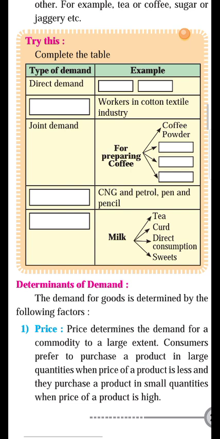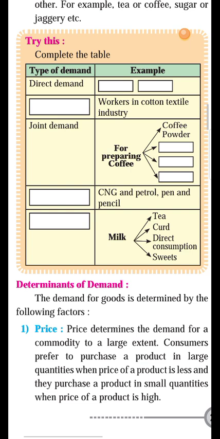So an increase in the price of CNG leads to more and more demand for petrol. Pen and pencil. An increase in the price of pen leads to an increase in the demand for pencil. So all these are examples of which type of demand? It is competitive demand. So in the fourth box you write competitive demand.